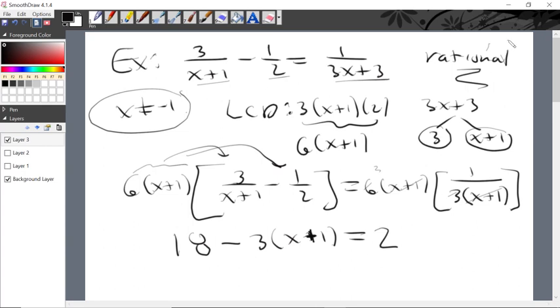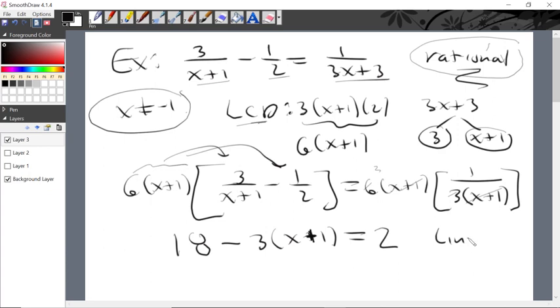Now we have transformed the equation. It was originally a rational equation. We used the LCD, which was quite challenging maybe, in order to clear the fractions, and what we're left with is this equation. And this equation is of what type do we recognize? We have one variable, and that is to the power of 1, and it's not in any denominator.